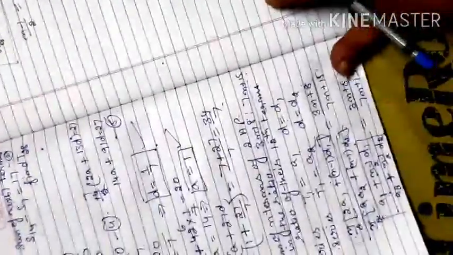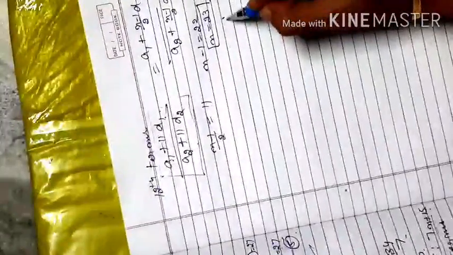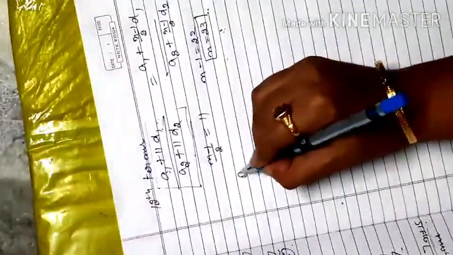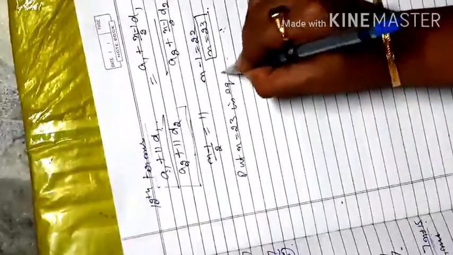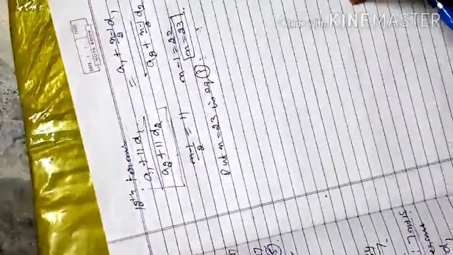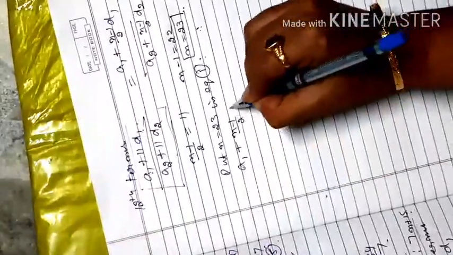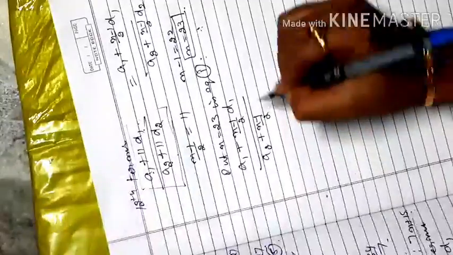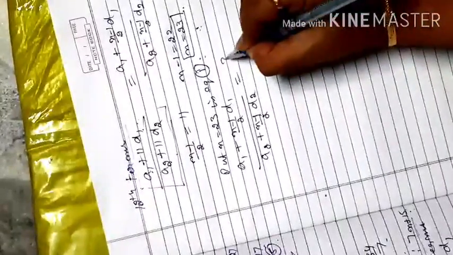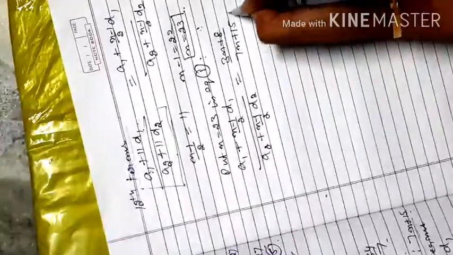Now come to this equation. I consider this my first equation. Now I will substitute n is equal to 23 in equation 1. So my equation 1 is (a1 plus (n minus 1)/2 d1)/(a2 plus (n minus 1)/2 d2) equals (3n plus 8)/(7n plus 15).